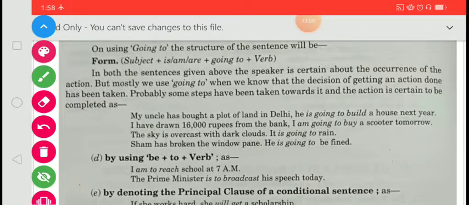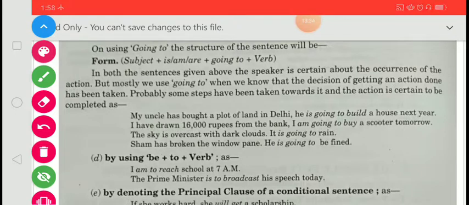In both the sentences given above, the speaker is certain about the occurrence of the action, but mostly we use going to when we know that the decision of getting an action done has been taken. Probably some steps have been taken towards it and the action is certain to be completed.